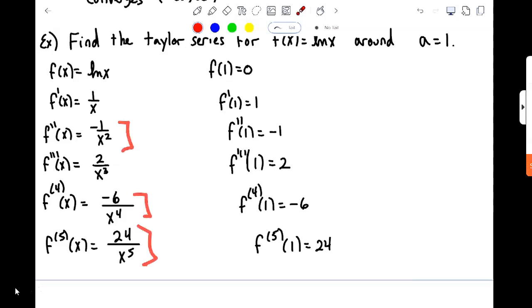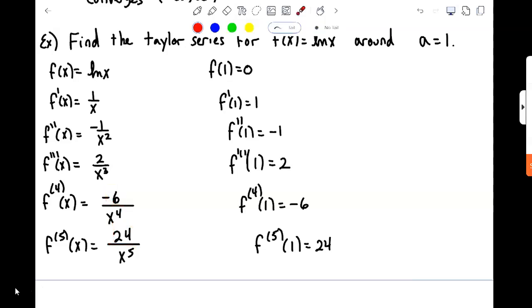Second thing I want you to notice is look at these numerators here. We have a 1, then a 2, then a 6, and then a 24. The 2 is 2 times 1, or 2 factorial. 6 is 3 factorial. Then the next time we multiply by 4, which would make that 4 factorial.